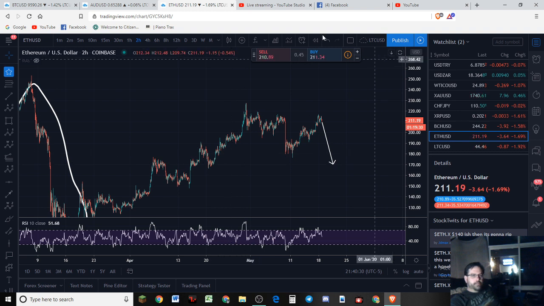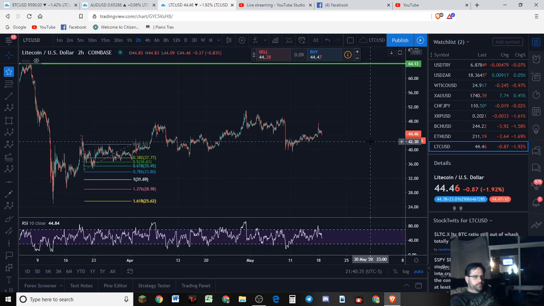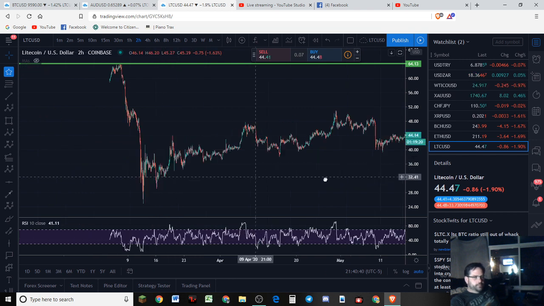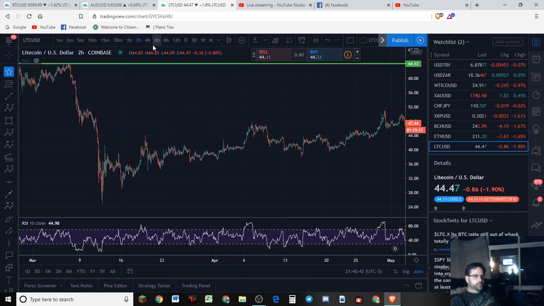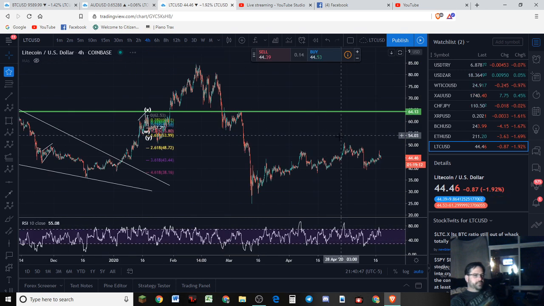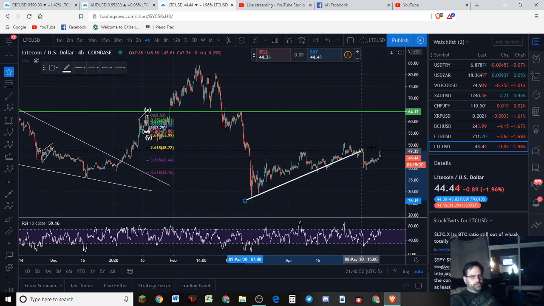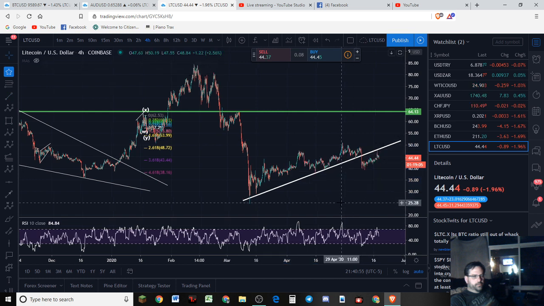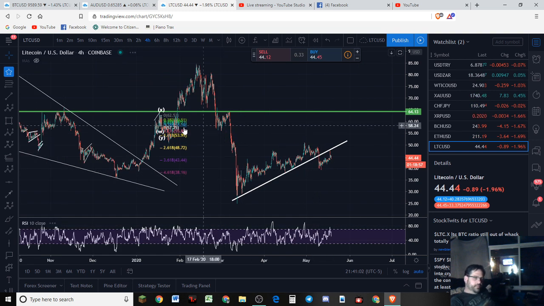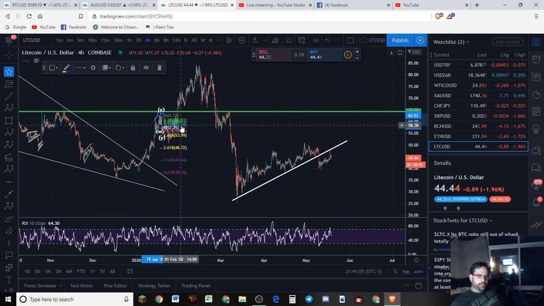All right, let's look at Litecoin. Is there anything about the Litecoin chart that helps us? Look at that mess, guys. See, the thing with Litecoin is broken structure. So Litecoin broke structure and retested structure, expecting down. That's what Litecoin does. That's how Litecoin acts.